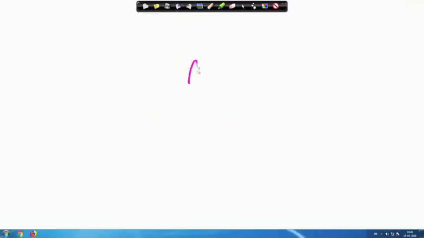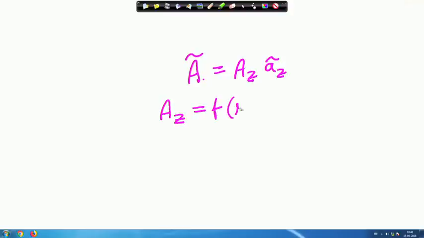So, I can say that the magnetic vector potential will be Az, and from the symmetry I can say that Az will be a function of r, and Az is not a function of theta or phi, because the source is spherically symmetric.